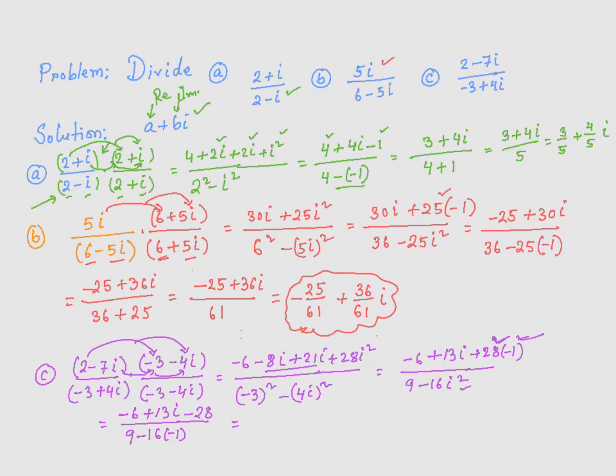So now negative 28 minus 6 is negative 34 plus 13i in the numerator, divided by 9 plus 16, because negative 1 times negative 16 is positive 16. That's going to give me negative 34 plus 13i over 25, which I could break down further to negative 34 over 25 plus 13 over 25 i.